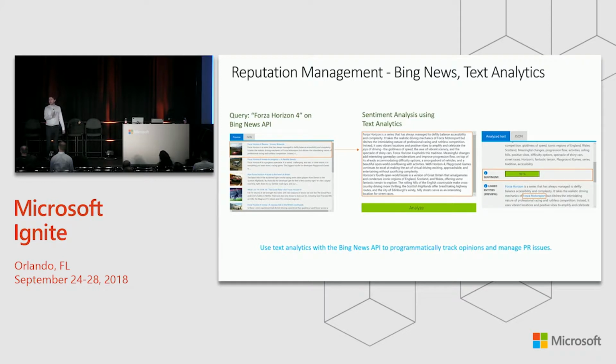Where it says negative and it's 4%, and maybe my PR team wants to look at that and really understand, hey, what's going on there? Did somebody have a really bad experience? We should probably get on that. So while most of you might be out there searching in your favorite search engine for your products and looking on various news sites for that kind of thing, imagine if you could do that programmatically. You can today. This is a solution that you can create, I would say, in under an hour.